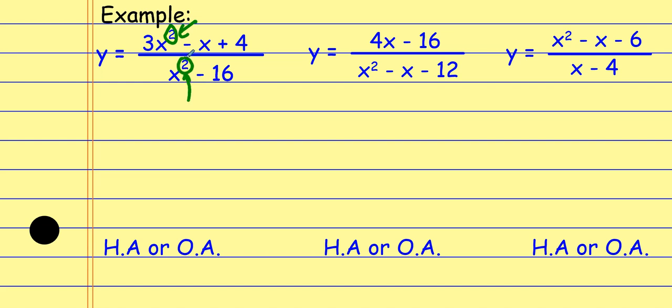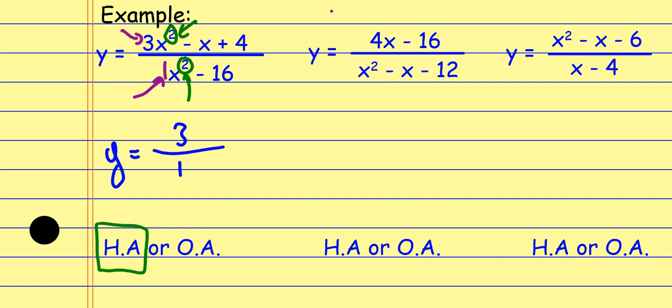So when the degrees are the same, again, this is memorization, I know that it's a horizontal asymptote. And what the directions told me a moment ago is that when the degrees are the same, when it's horizontal, I just do y equals the leading coefficient of the numerator divided by the leading coefficient of the denominator. Again, the leading coefficient is the number out front. Here it's a 3, and here it's a 1. So I do 3 divided by 1. So it's a horizontal asymptote at y equals 3.